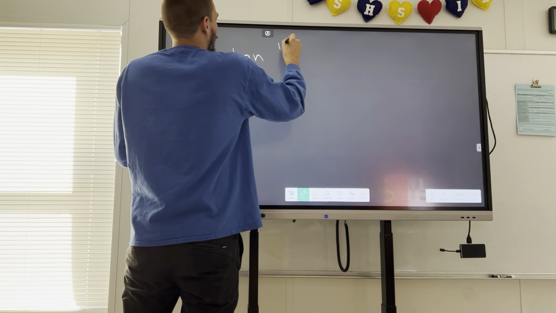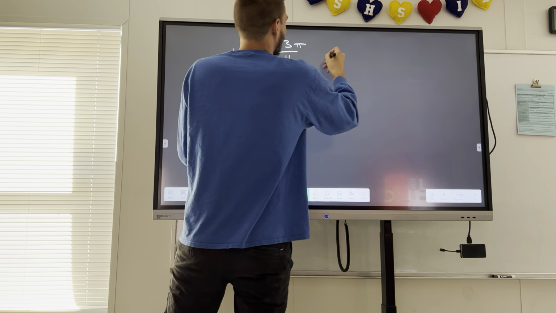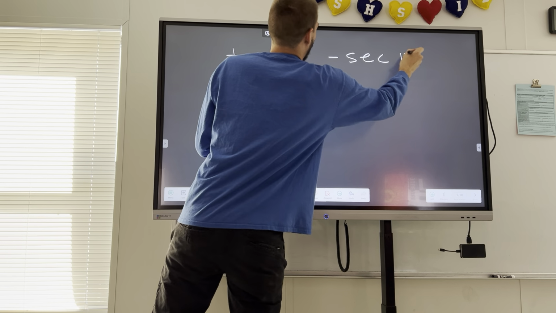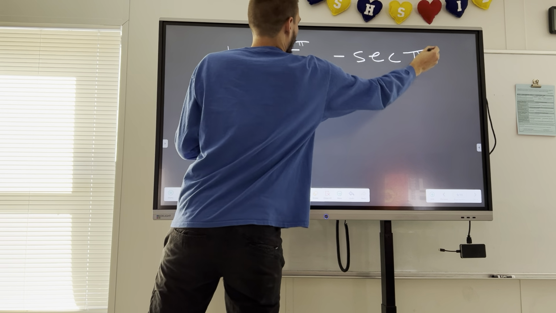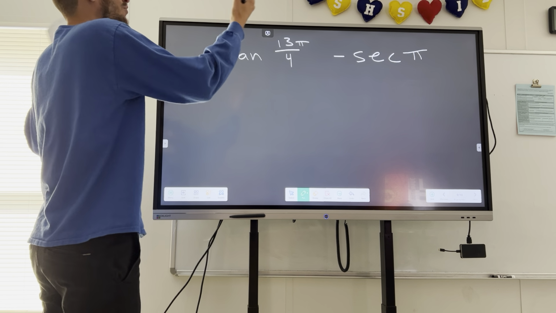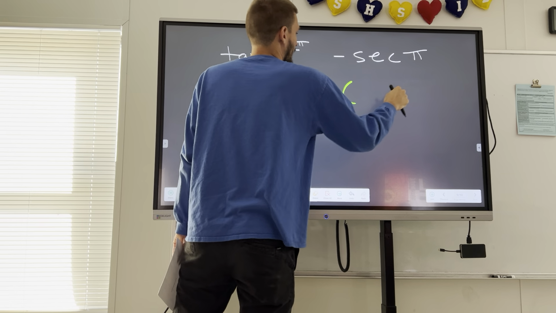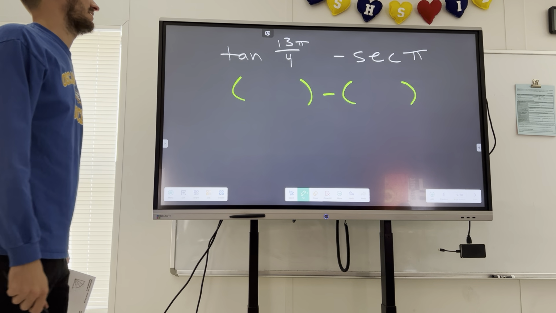Tangent of 13 pi fourths minus secant pi. Okay, cool. Now this has no coefficients, so this is just going to be whatever that is minus whatever that is.